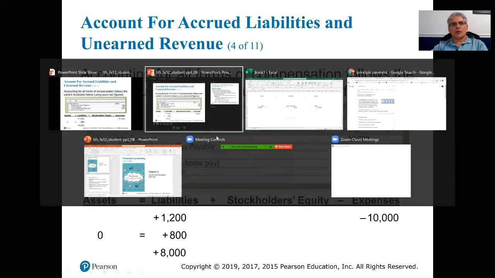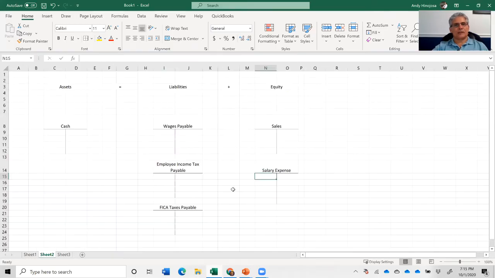The way this will look on a T account: we have $10,000 debited to salary expense, $1,200 withheld for income tax payable, $800 withheld for FICA tax payable, and what we owe the employee is $8,000.